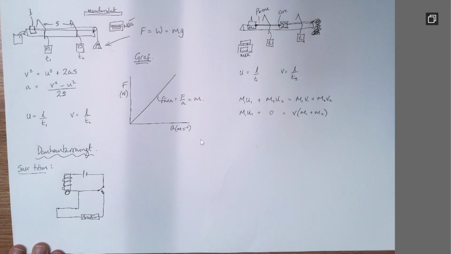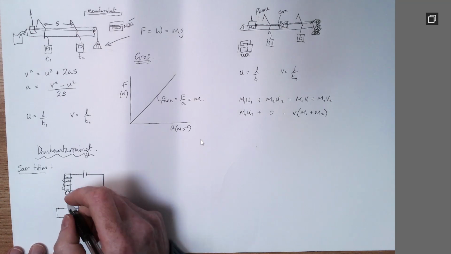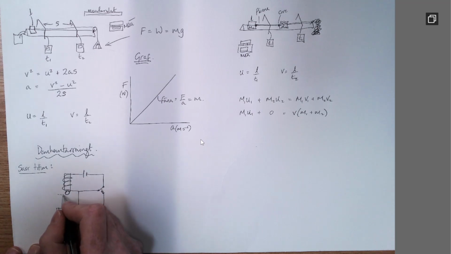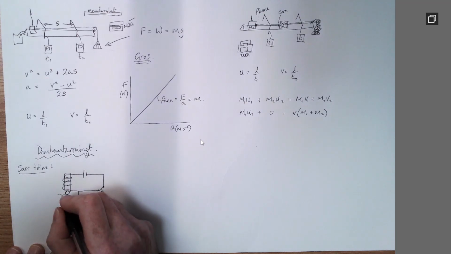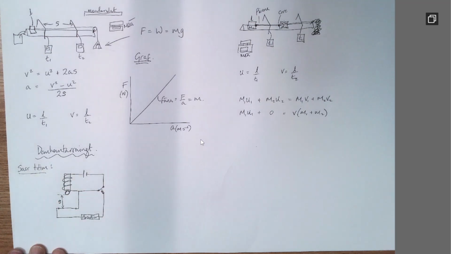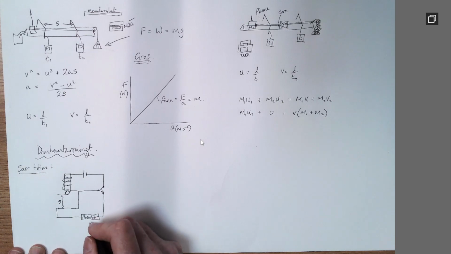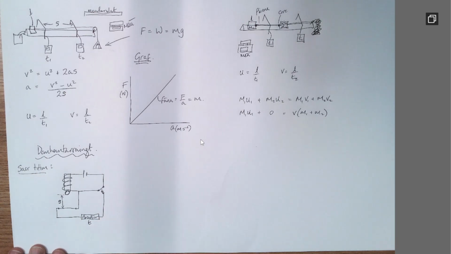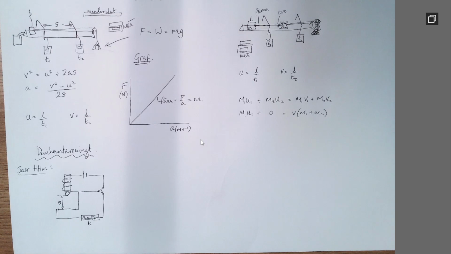The distance the ball bearing falls until it reaches the trap door is the displacement S, and the time the switch is open until it hits is T. Now, how do we measure gravity?